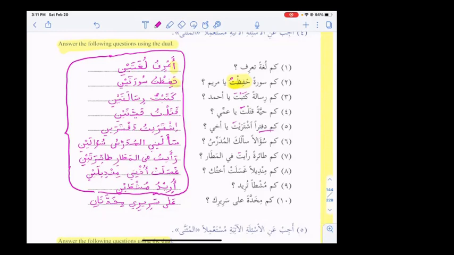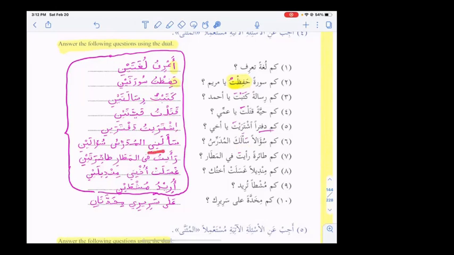Kam sualan sa'alaka al-mudarrisu? How many questions did the Mudarris ask you? Sa'alani, he asked me. Kam su'alan sa'alaka al-Mudarrisu?